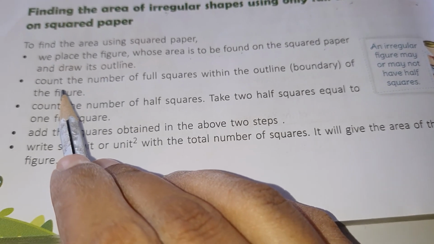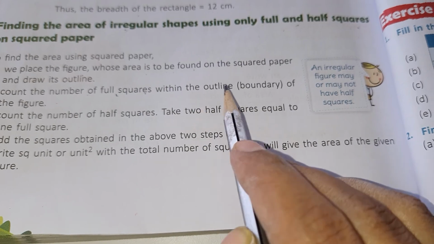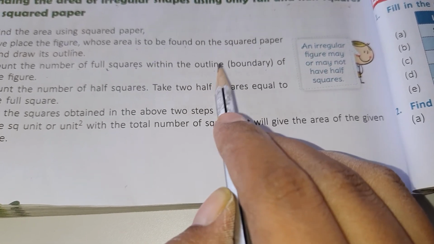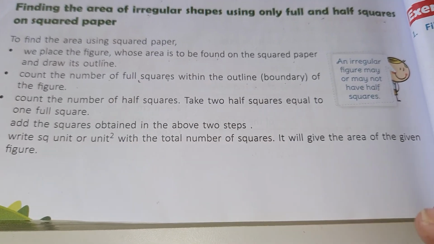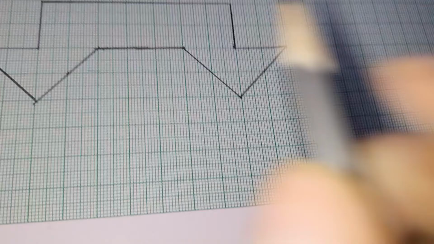Next step: count the number of full squares within the outline, that is the boundary of the figure.